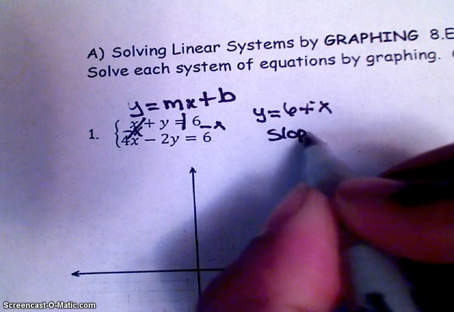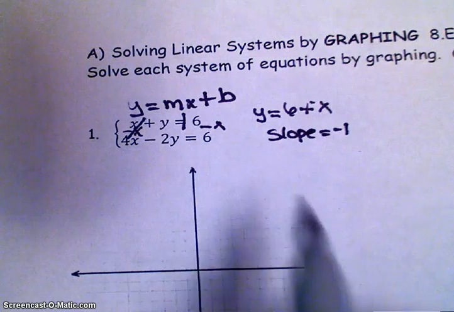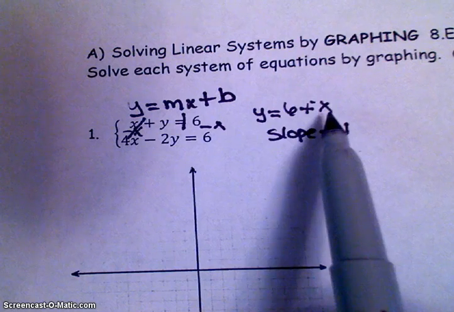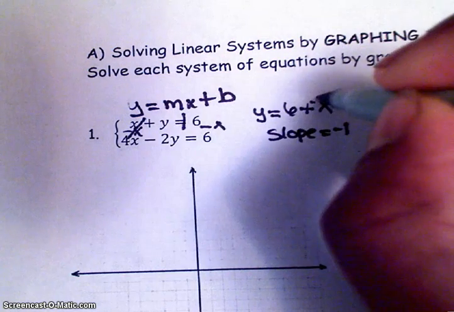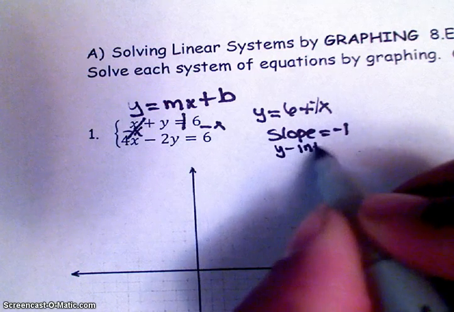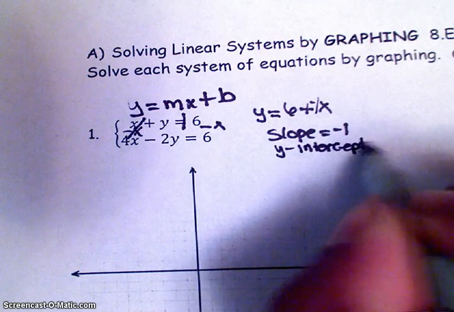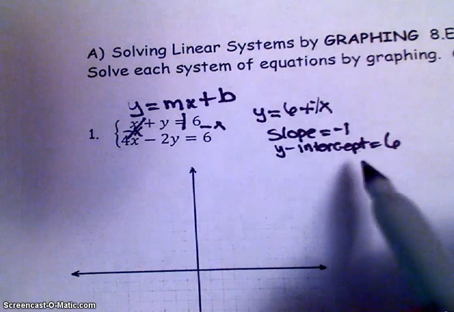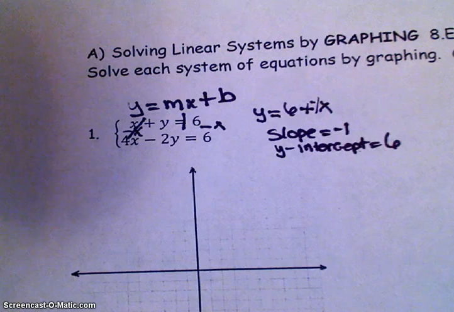Slope is equal to -1, and the reason I know that is because when I have a variable by itself, the coefficient is always 1. And so my y-intercept is going to be 6, what I'm adding on. I'm going to take this information and use it to graph my line.